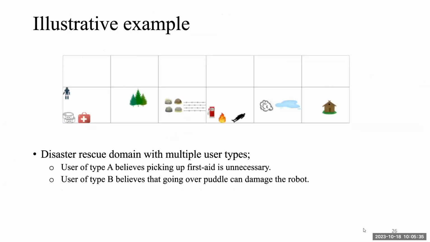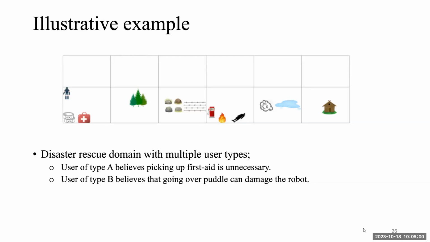In this disaster rescue domain, we have two users of two types, picking a first aid and user type B thinks that going over a puddle can damage the robot. So we'll generate... What type of explanation is this, concept-based or saliency? It's a concept. It's symbolic. But then you have conformant and personalized.